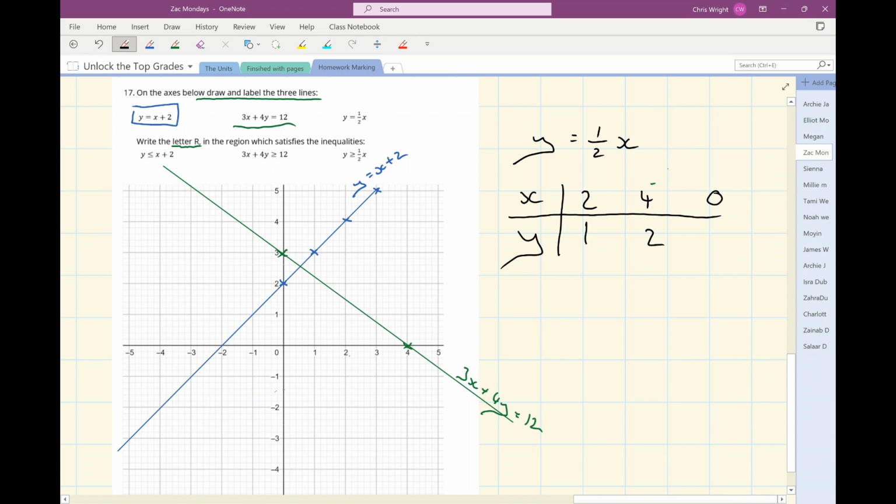And if x is 0, well a half of 0 is 0. So I've got 3 points: 0, 0, 2, 1, and 4, 2. So I can join those up, and then I can label my line y equals a half x. There it is.